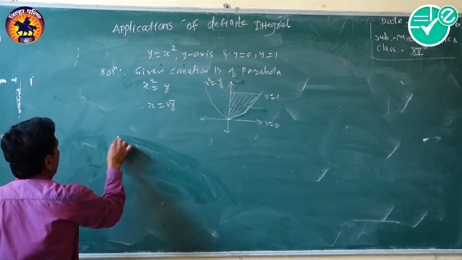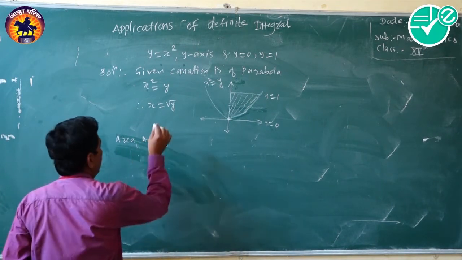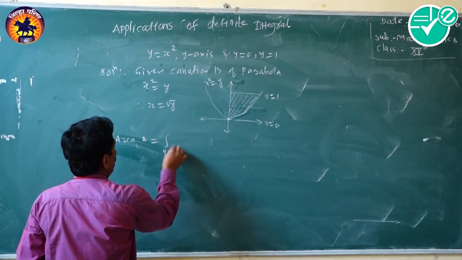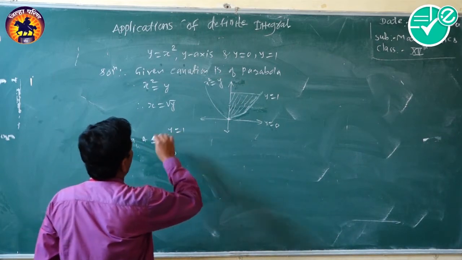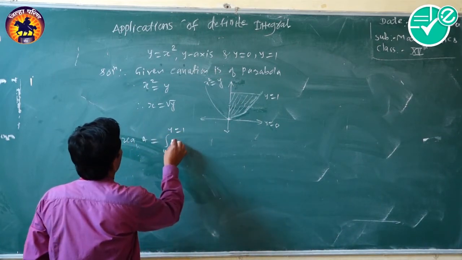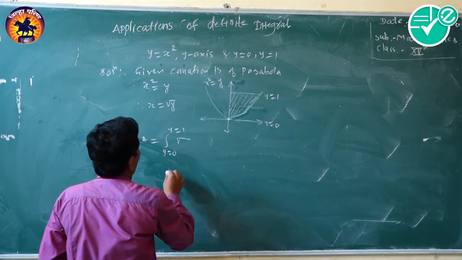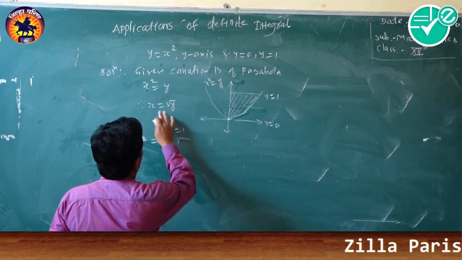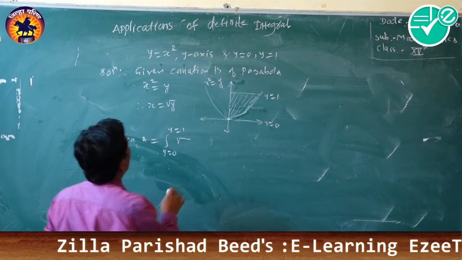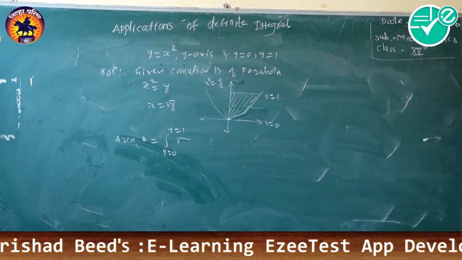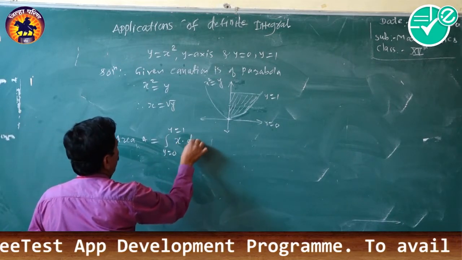Now that is this region. Therefore area A is equal to integration from y is equal to 0 to y is equal to 1, that is x is equal to root y, x into dy.